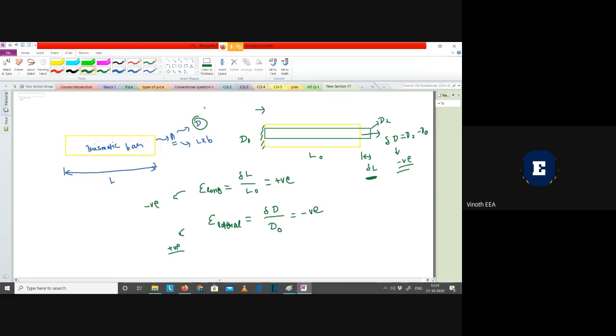These are simple things, so I'm not going deep into it. That is all about the introduction of longitudinal and lateral strain.